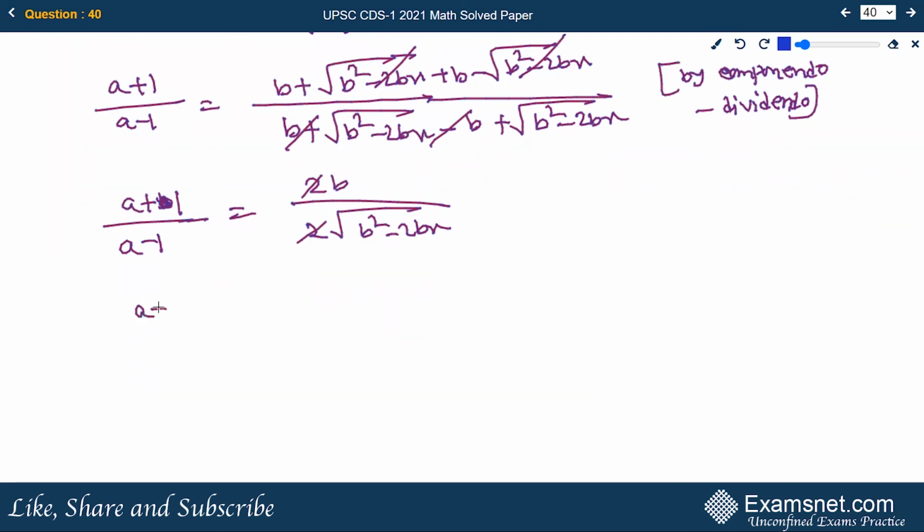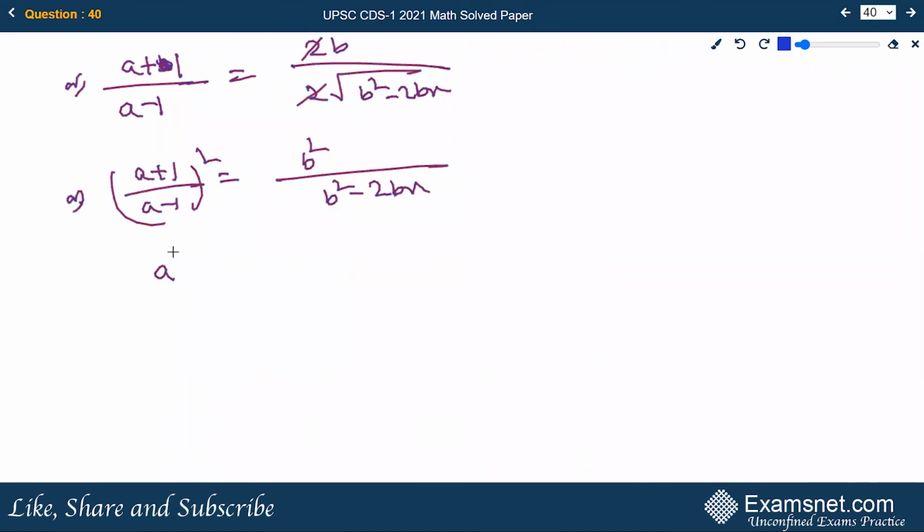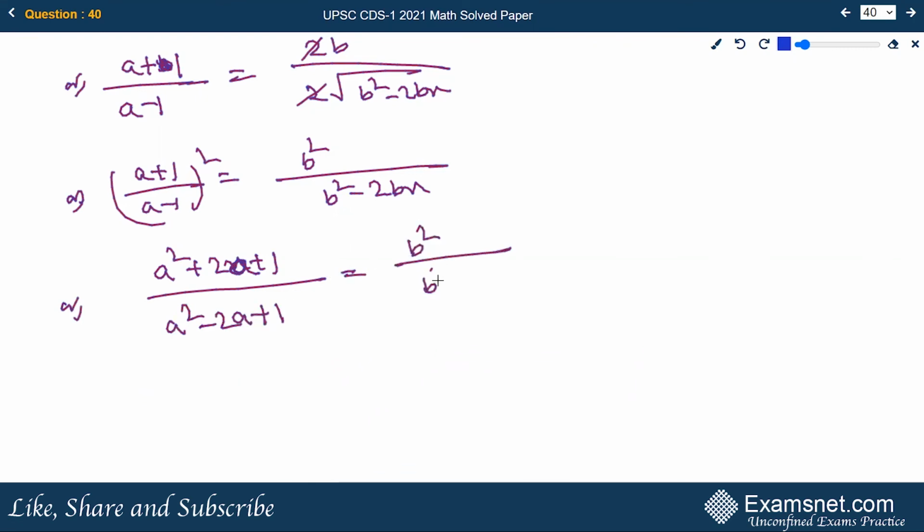Now I can perform square on both sides. Further, I can write, after expanding the square, a square minus 2a plus 1 equals b square by b square minus 2bx. Please make the correction, it will be a, not x.